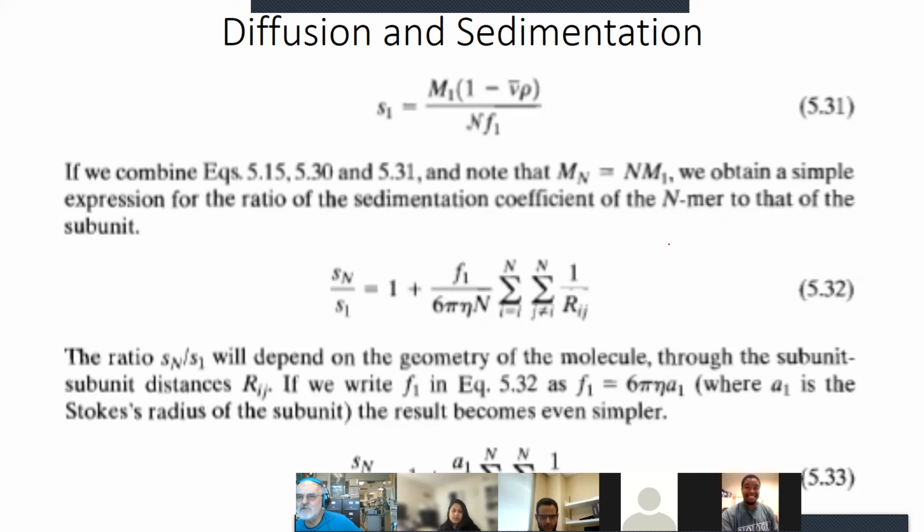You have to know, is the oligomer a tetramer? And what are the distances between these? Or is the oligomer a linear molecule? And what are the distances between these subunits, etc.? Is the oligomer some kind of a trimer, etc.? So these distances depend upon knowing this.